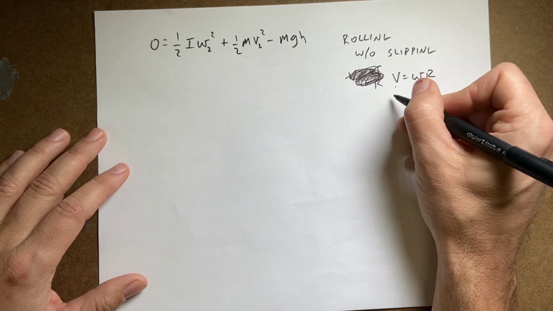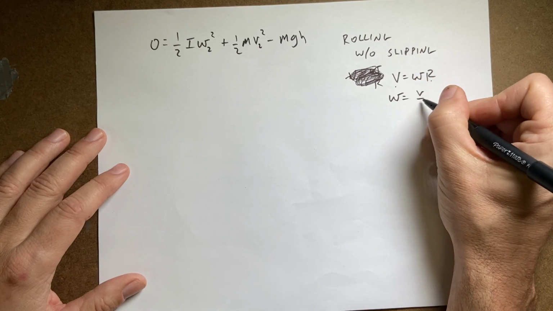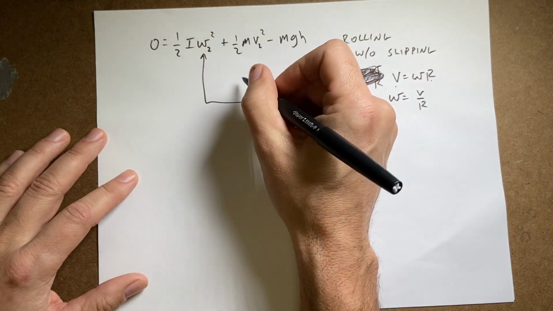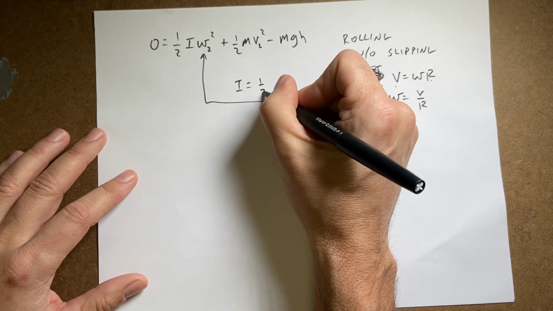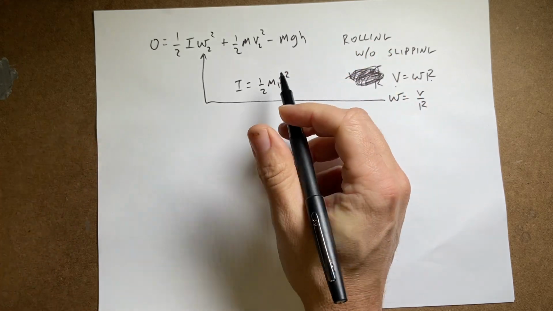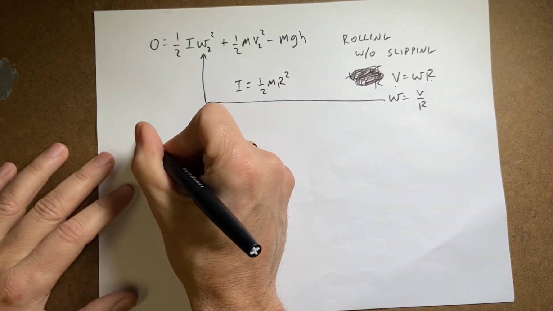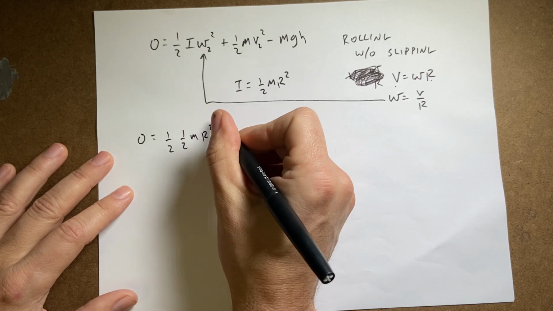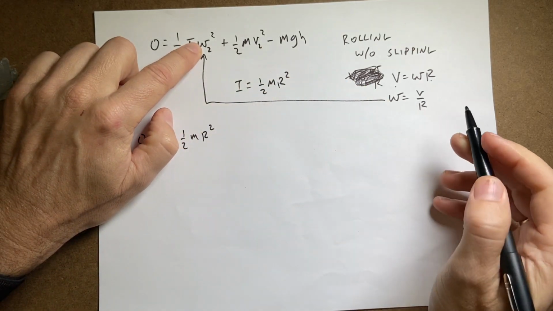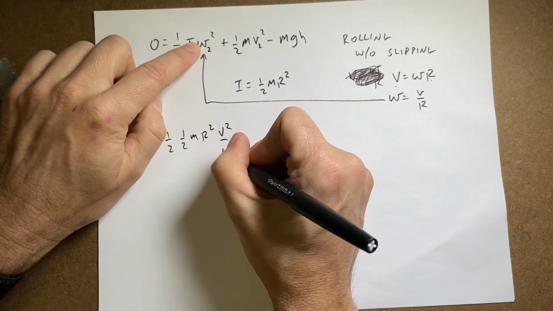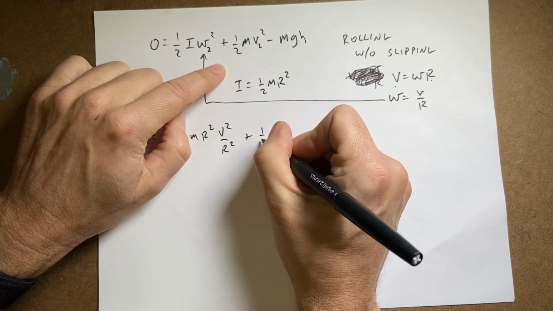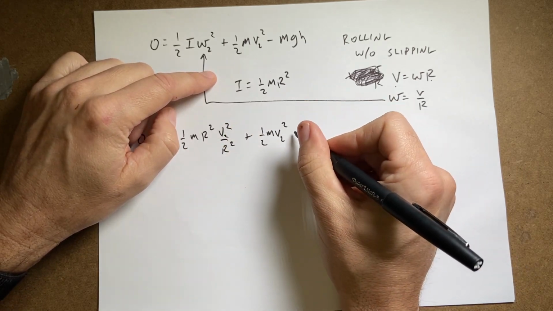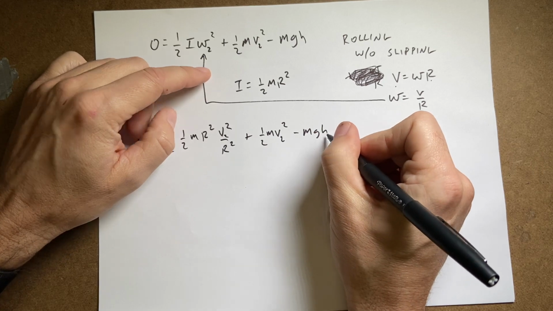Let's go ahead and solve this for omega. Omega equals v over r. Now I can plug that in here. I can also plug in I equals 1/2 mr squared for a disk. So I get 0 equals 1/2 times 1/2 mr squared, times omega squared, which is v squared over r squared, plus 1/2 m v2 squared, minus mgh.